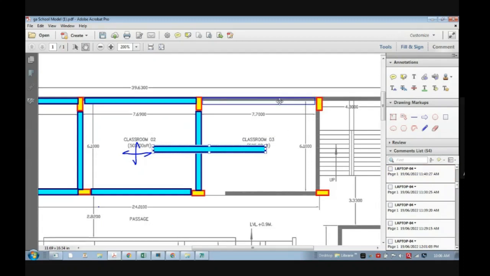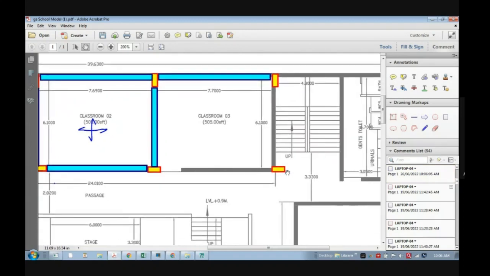Then again, now you can see here, the column is having offset inside the staircase. So is it okay? No, sir. It is not okay because it will have a problem to the circulation. Okay. So I need to shift this like this.